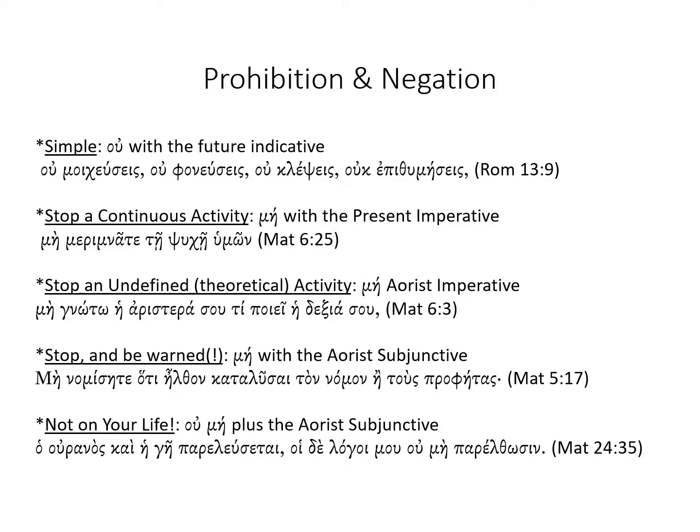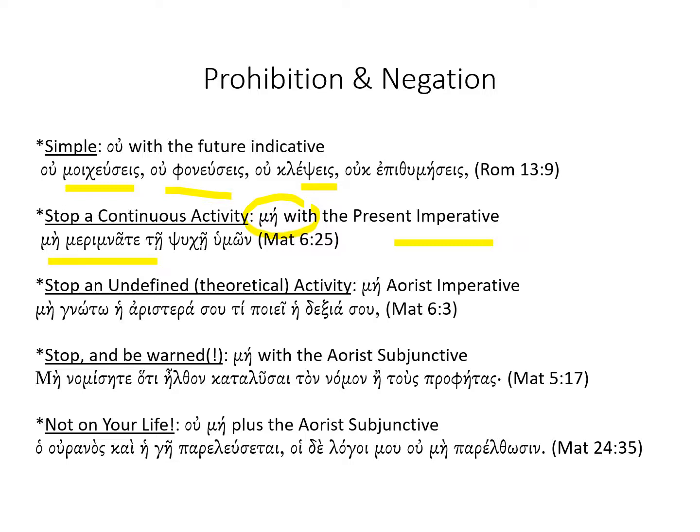So prohibition and negation, we think of a simple, and the future indicative is a simple negation. Do not commit adultery, do not murder, do not steal, and so forth. If we're thinking about stopping a continuous activity, we have may with a present imperative. Do not worry about your life. Just, you're worrying now, stop it.